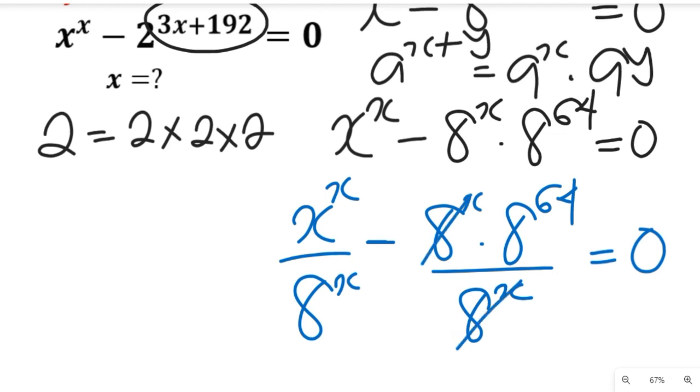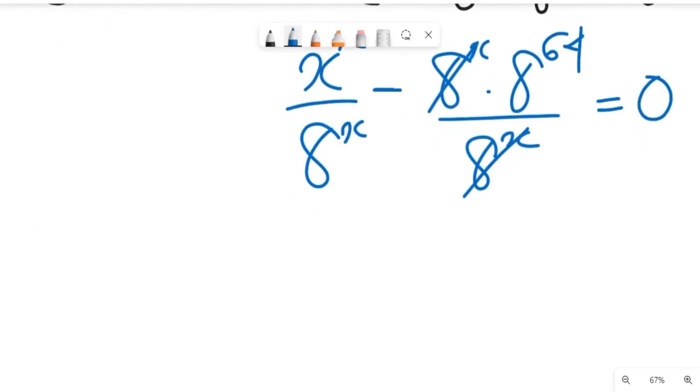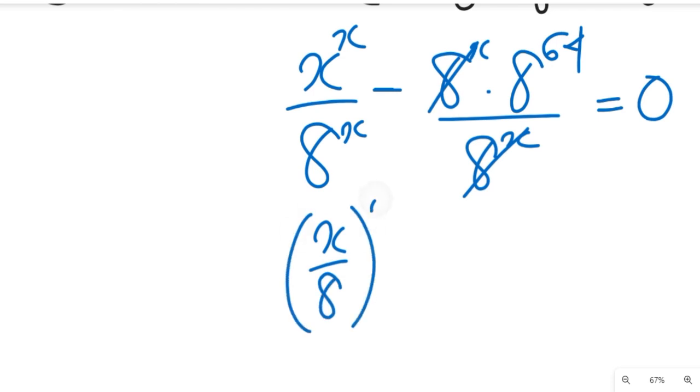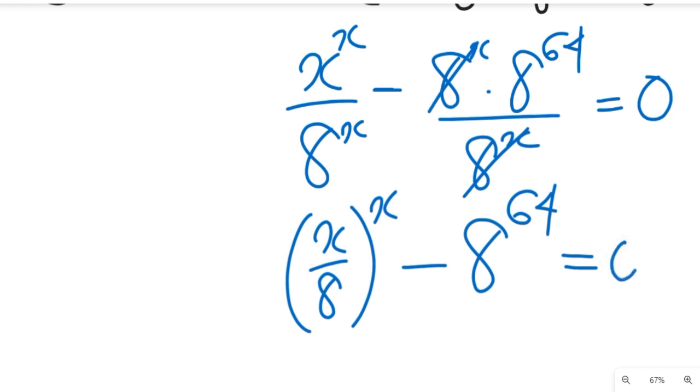So this will clear this, and then we'll have 64 on the other side. So this will give us x divided by 8, because they have one common power, the power of x, minus 8 to the power of 64. This will be equal to 0.